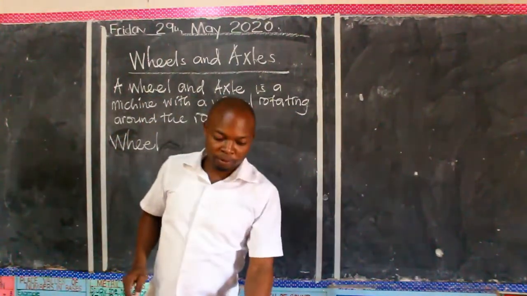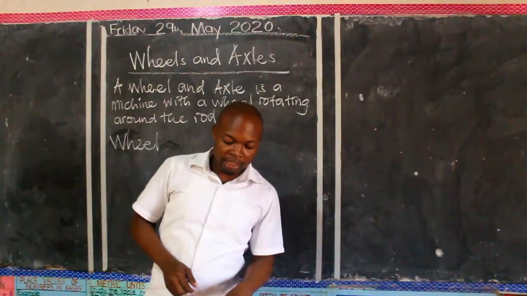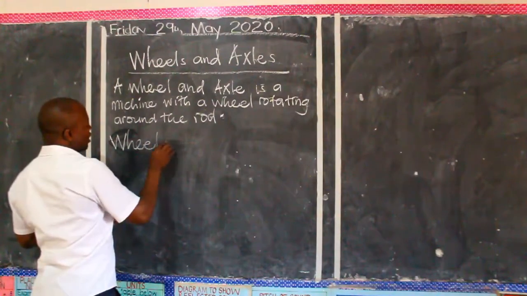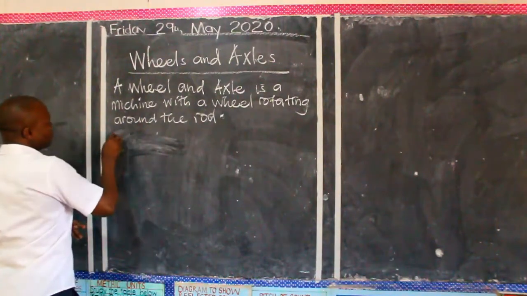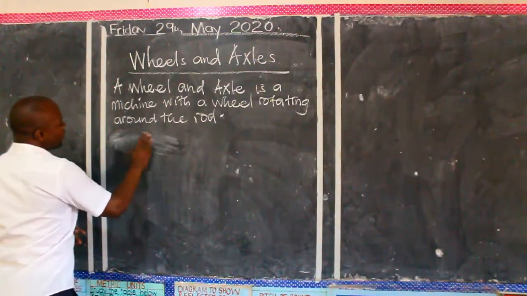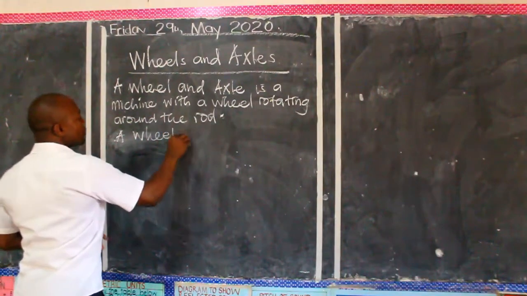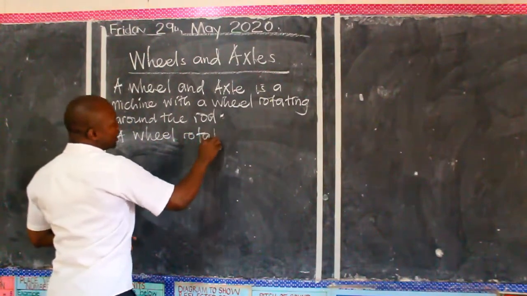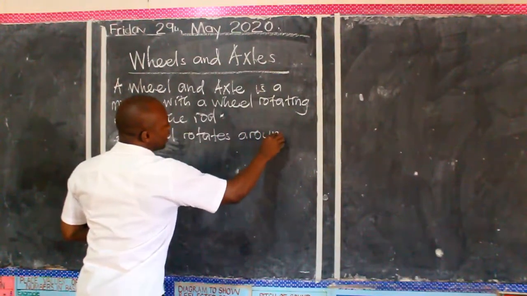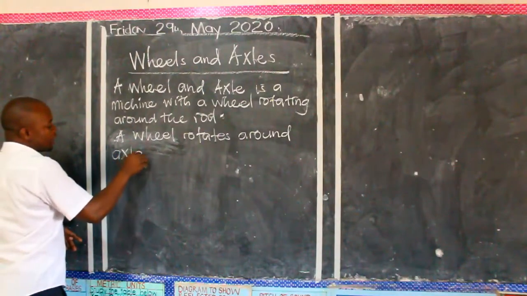Now here, when we talk of a wheel, we are saying a wheel rotates around the what? A wheel rotates around the axle.